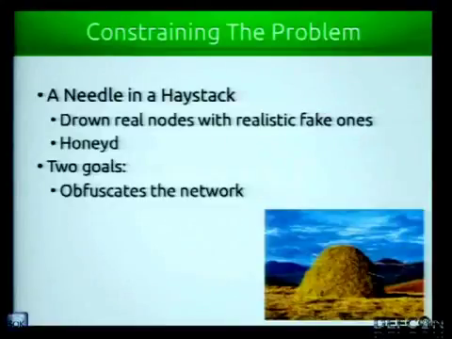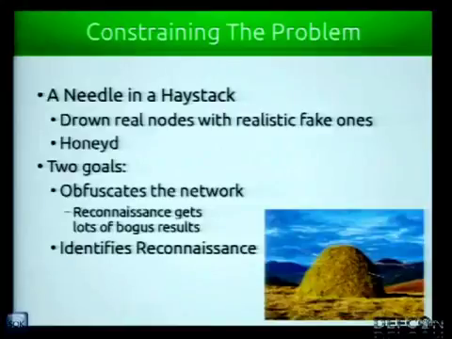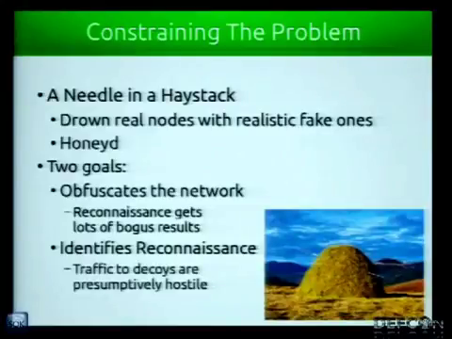We want to obfuscate the network, giving reconnaissance lots and lots of bogus results, making it much harder or possibly useless. And then we also want to identify reconnaissance. Because you've got all these decoys, these honeypots, any traffic going to the honeypots is presumptively hostile, right? You could ask, why are you talking to the decoys?